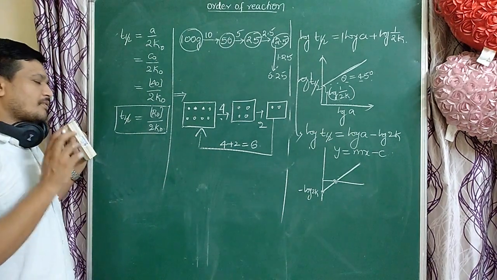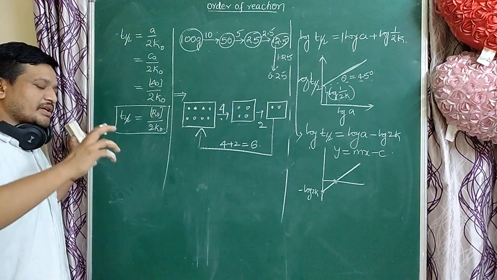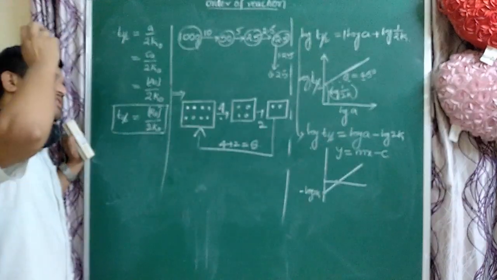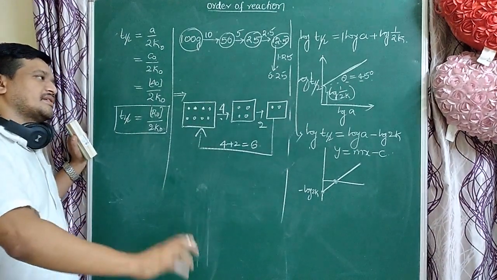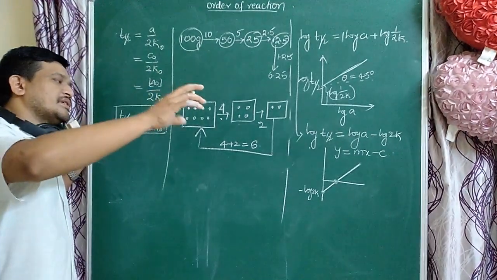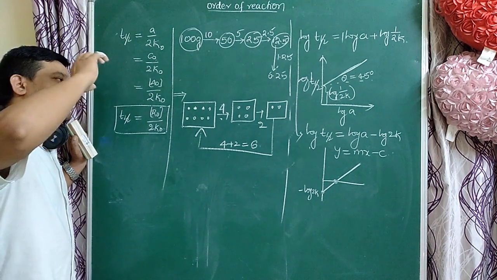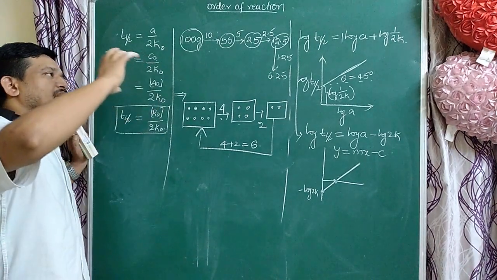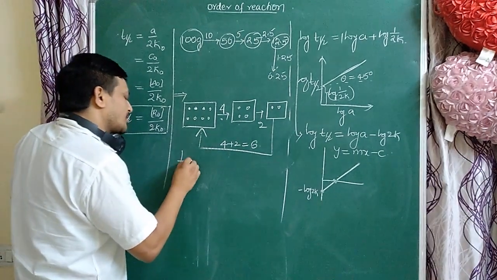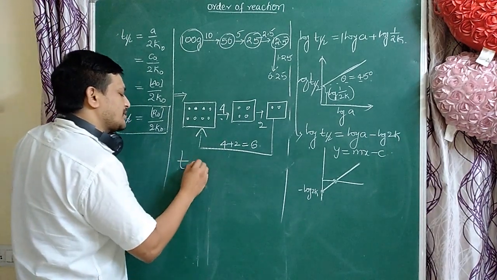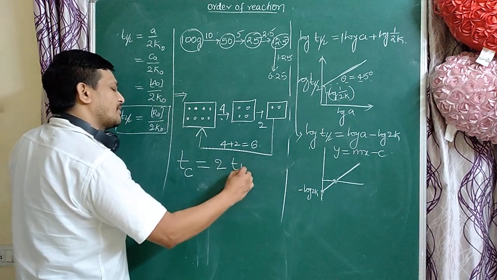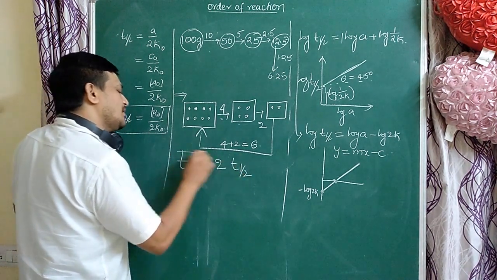So the half-life of a zero order reaction is directly proportional to initial concentration. Rate does not depend on initial concentration. Units of rate constant equal units of rate. These are very important key points of zero order reactions. So the time required for completion of a zero order reaction equals 2 times the half-life, that is double the half-life.